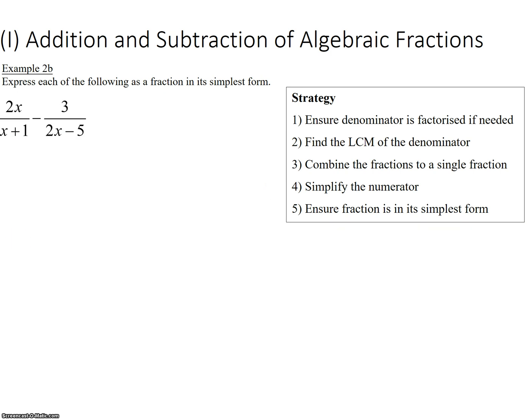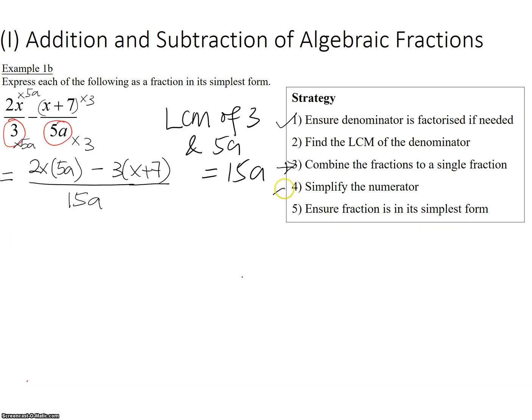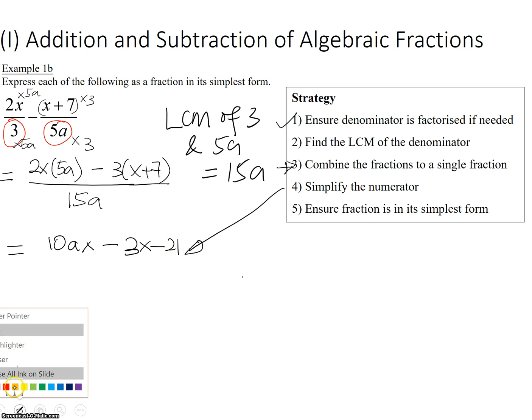For step number 4, I will now simplify. So I get 10ax minus 3x minus 21. Do take note that this is negative 21, because when you expand it, you actually get a negative 21.